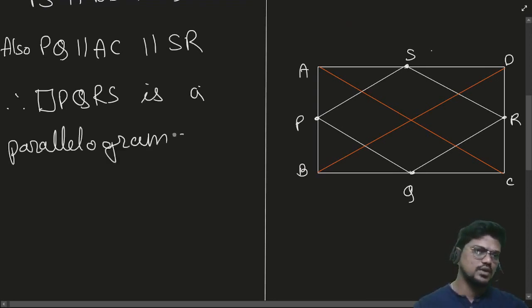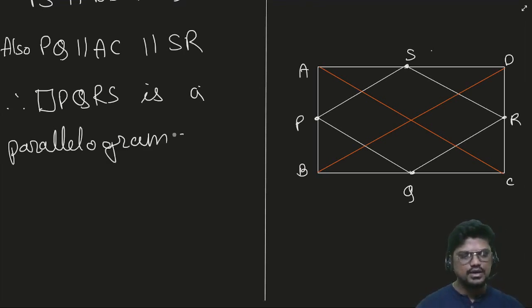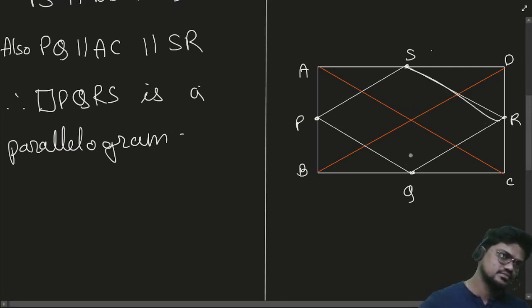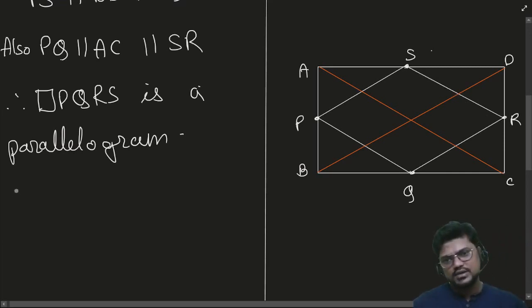If the opposite pairs of a quadrilateral are parallel, then the quadrilateral is a parallelogram. Yeah, we got it that it's a parallelogram. Now we only need to prove that it is a rhombus. That means we need to prove that any one pair of adjacent sides are equal. Now how to prove that?